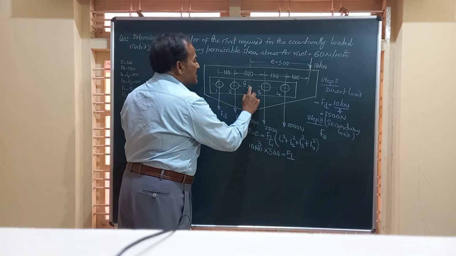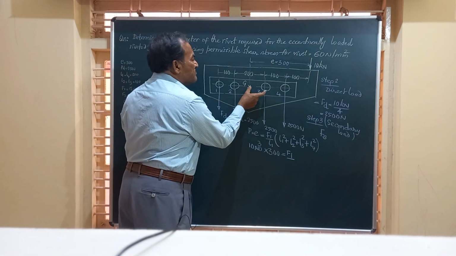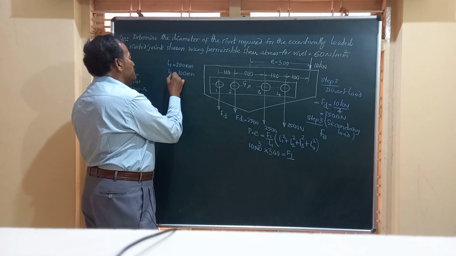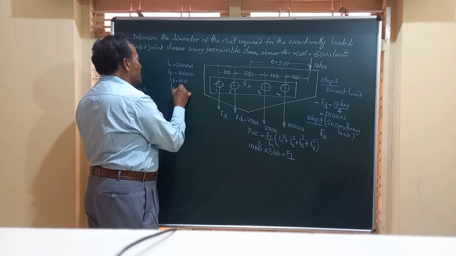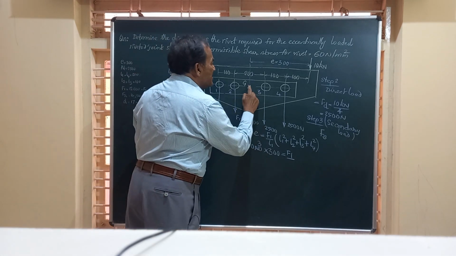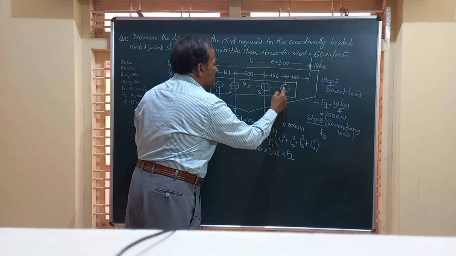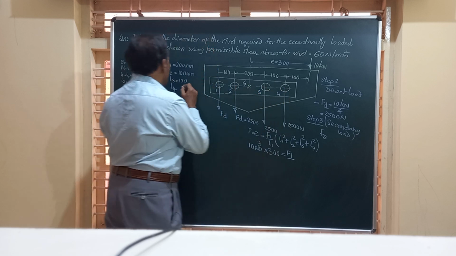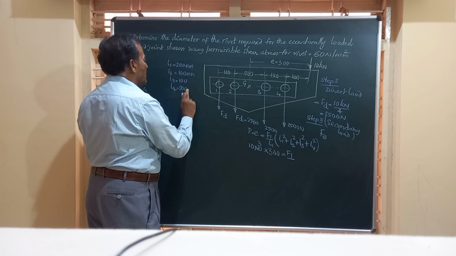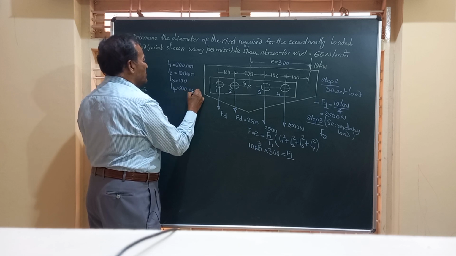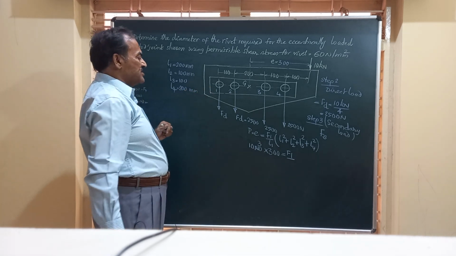Similarly, L3 is the distance from G to rivet number 3, that is 100. Finally, L4, the distance from G to this rivet, is 100 plus 100, 200. So we have found the distances of all these rivets from the center.